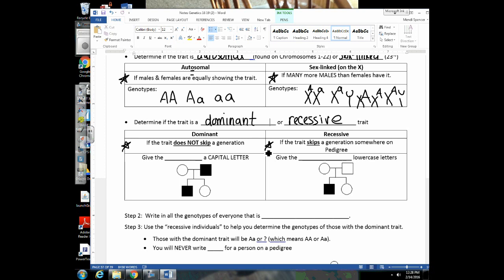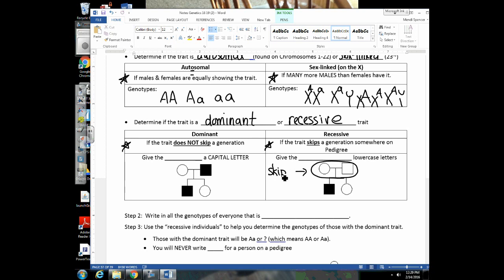If you see anywhere a skip in a generation on the pedigree, then the trait is recessive. Now, we have a hard time sometimes recognizing skips. A skip is where you have two parents who do not have it, and they have a child that does have it. So it skipped a generation.